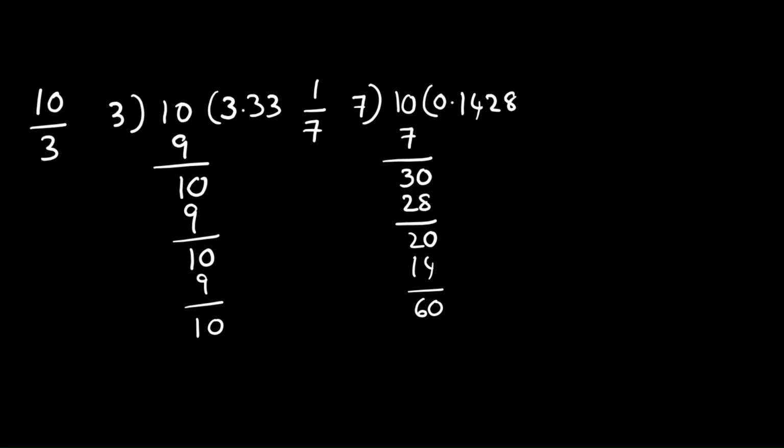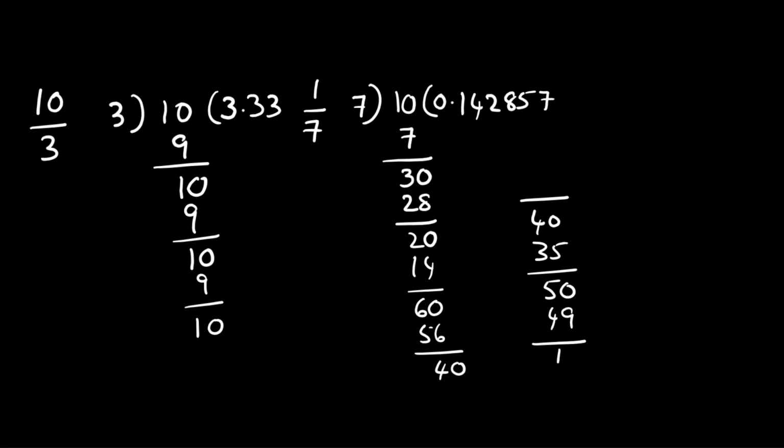7 eights are 56. So we get 4 as the remainder, making this as 40. And continuing here, 40. 7 fives are 35. We get 5 as the remainder, making this as 50. And 7 sevens are 49.